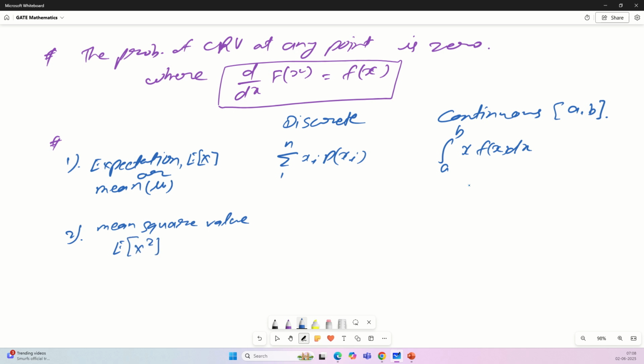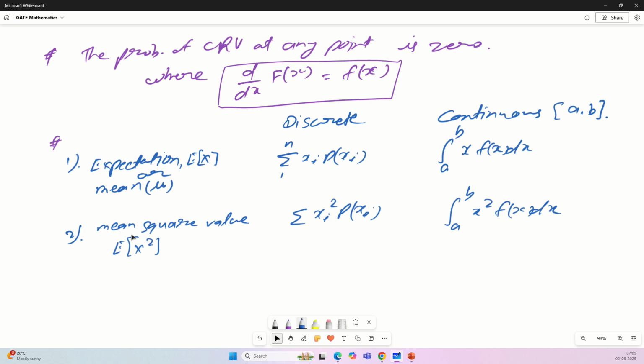This can be found out by summation of xi square into p of xi. Okay, and in continuous it will be found out by the integral from a to b of x square f of x dx. So I'll give you an understanding: let's say you want to find out E of x cube or E of x to the power n. Simply you have to do x to the power n f of x dx. That's all.